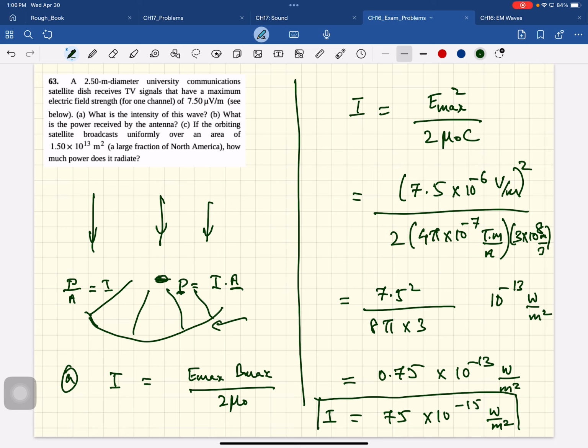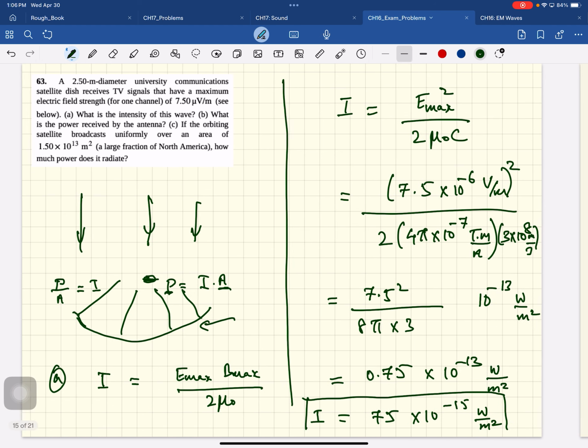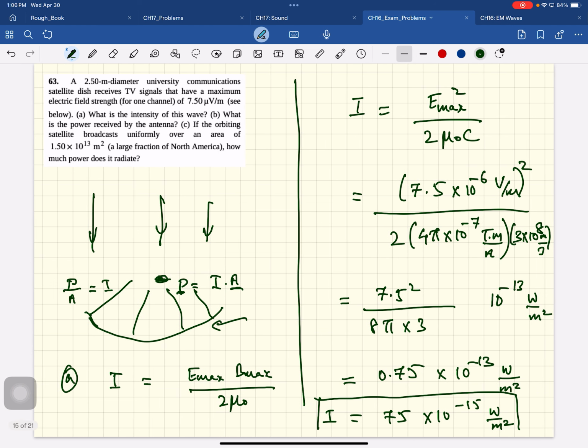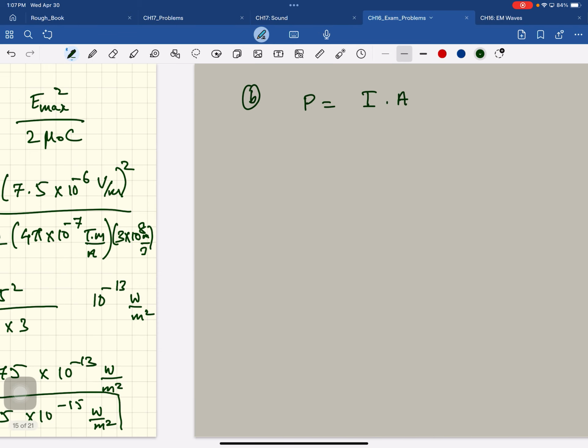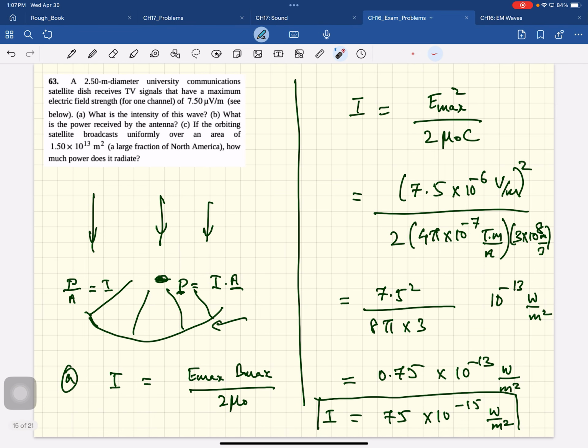What is the power received by the antenna? The power received by the antenna is intensity times the area of the dish. And it's not this area that's relevant, it's this area, pi r squared, because that's the area being covered by this beam.